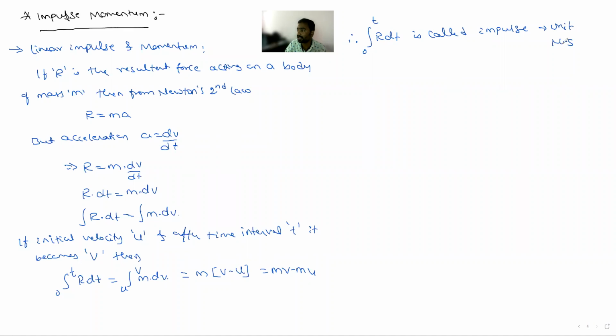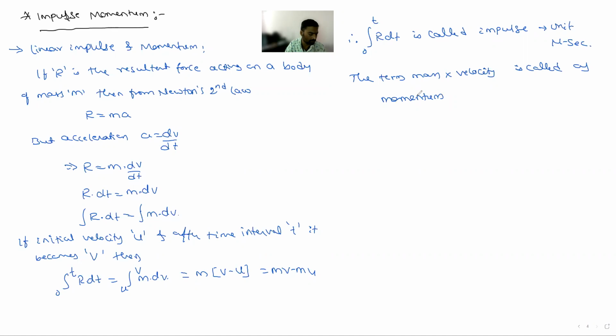A large force acting in a short interval of time is nothing but impulse. Then the term mass into velocity, do you remember what it is called? Momentum.